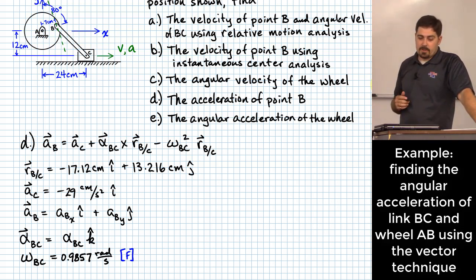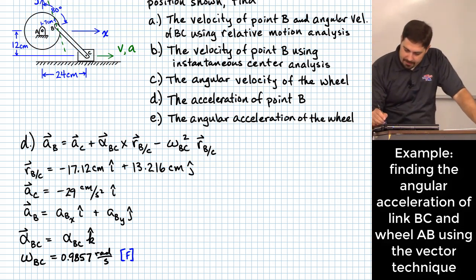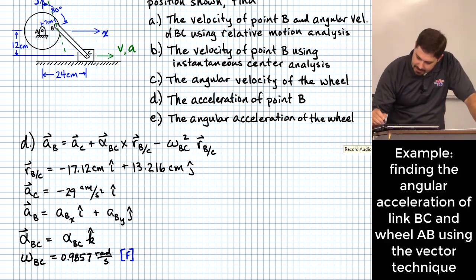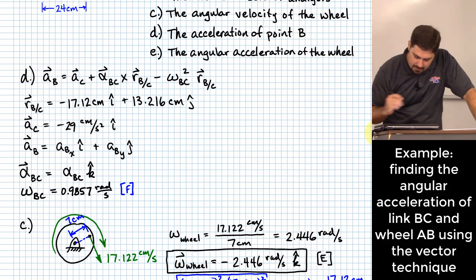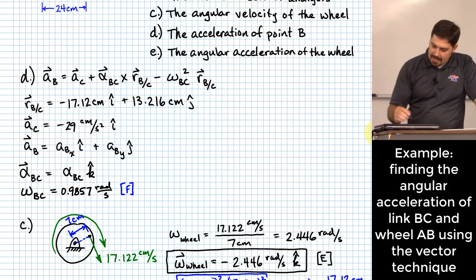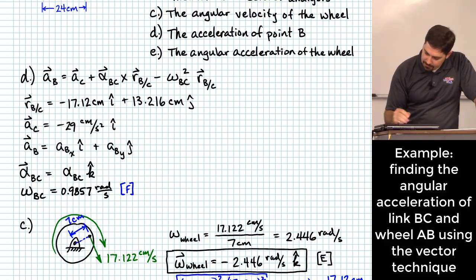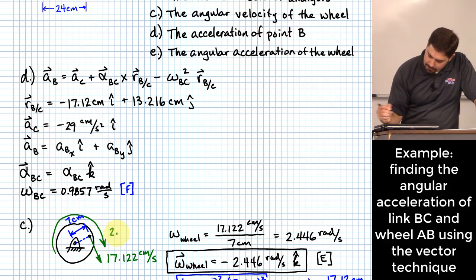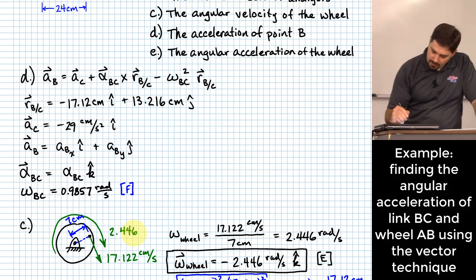All right? So here's what I propose. Let's look at the wheel. If you look at that wheel, and I'll even draw it over here real quick. Actually, I think I have it. Yeah, it's right here. I know that the angular velocity for the wheel is 2.446 radians per second.